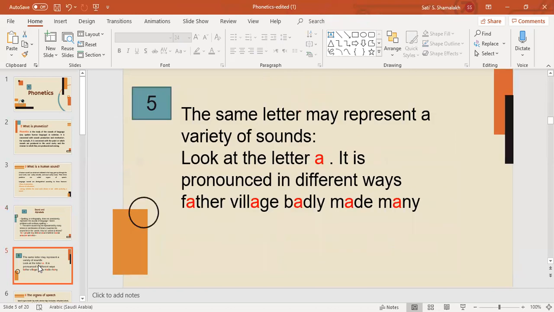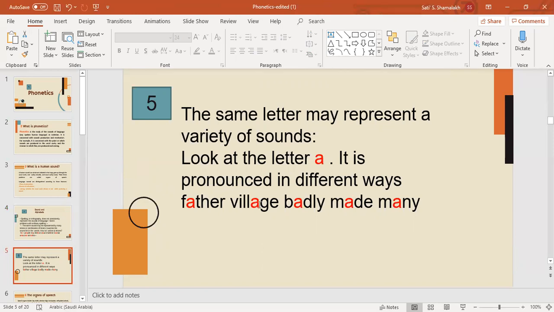Now, also slide 5, one letter can be pronounced in different ways. If you take the letter A, in father, it's A. Car, for example, A. But when you say care, it's a different A. Look here, father, the A is pronounced one way.